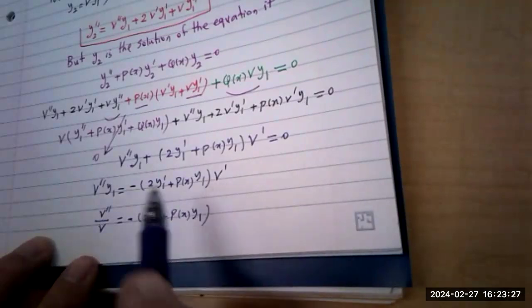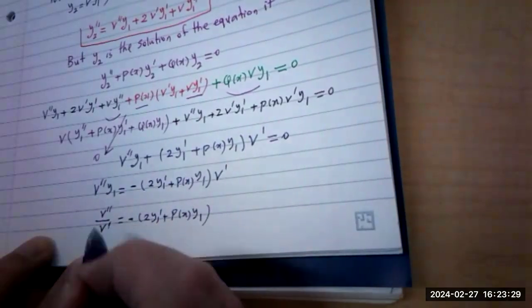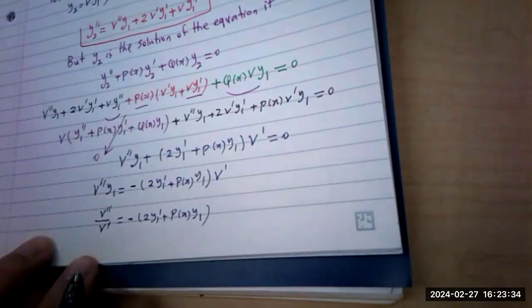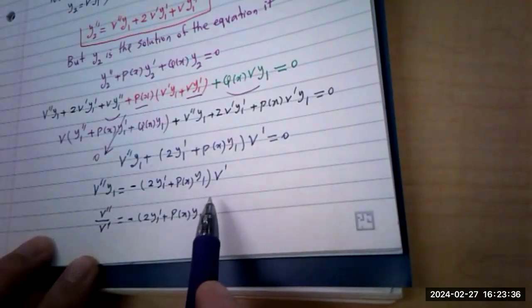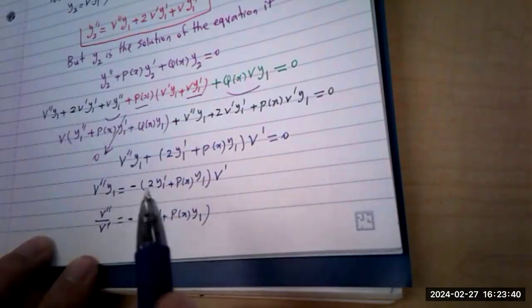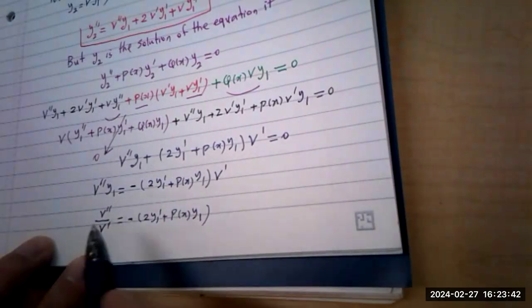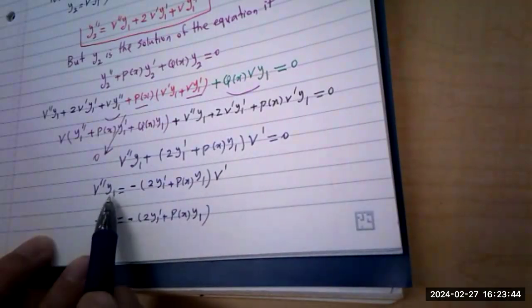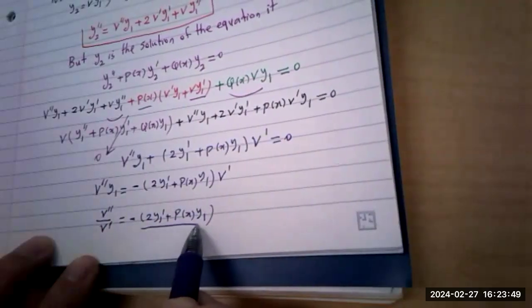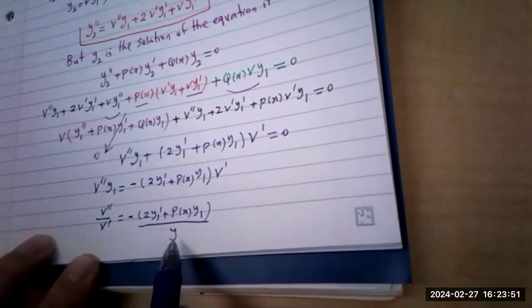Sorry, that's a v prime, and what I did is I have an extra y1 here. I want to do separable variable, so I put the v double prime and the v prime together. The leftover was a y1 here, so I have to divide on the other side by y1.